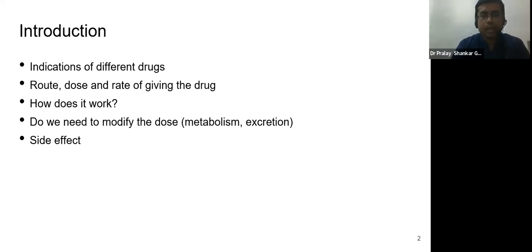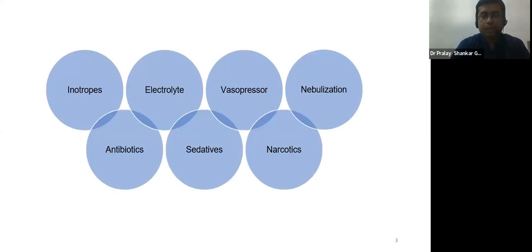And do we need to modify the dose in specific situations like impaired metabolism or impaired excretion, and usual side effects of different drugs? As you know, the most common drugs which we use are inotropes and vasopressors, electrolytes, nebulization, different antibiotics, and sedative narcotics. So during these next slides, I will discuss among these drugs only.